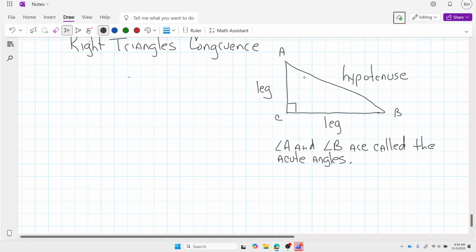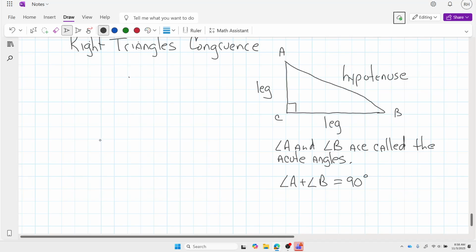And angle A plus angle B in a right triangle is always equal to 90 degrees. So all of these theorems are going to refer to a leg or a hypotenuse or an acute angle. So I just wanted to make sure that you're aware of what the theorem is talking about when they're talking about those different items.